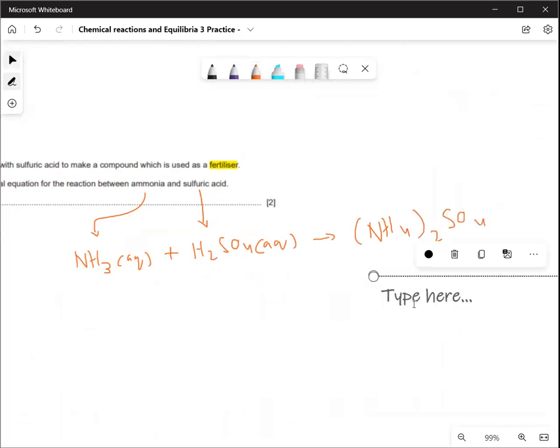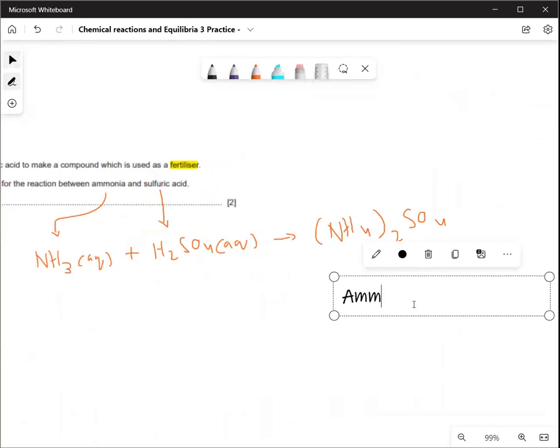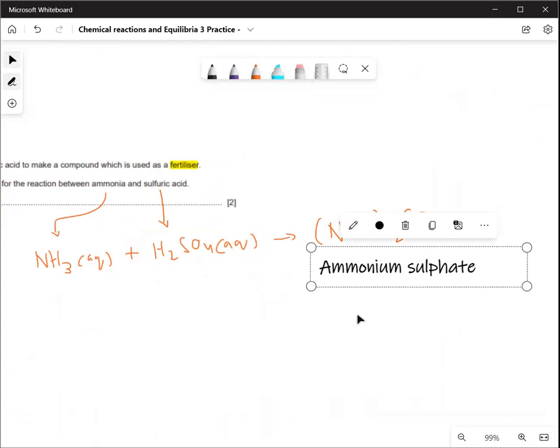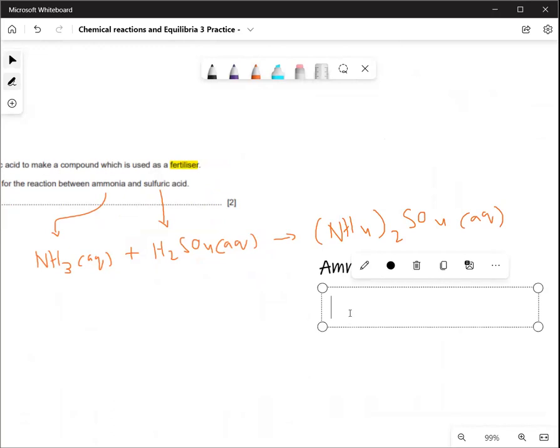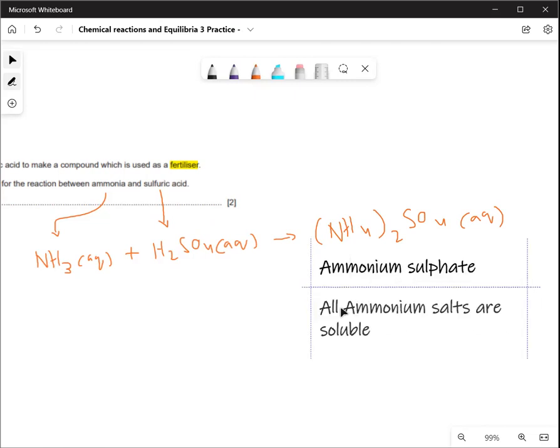And this right here is called ammonium sulfate. Now you need to write this down. And another rule which you need to know is all ammonium salts are soluble. Is that clear?